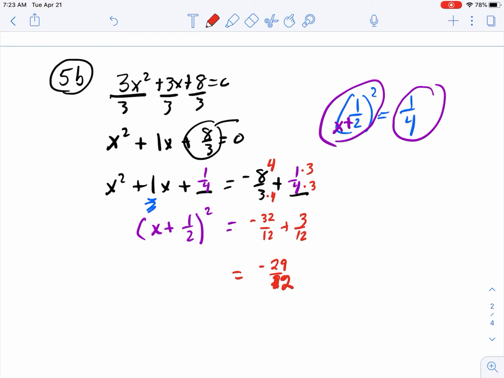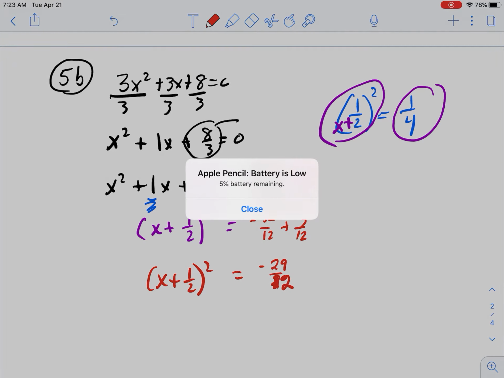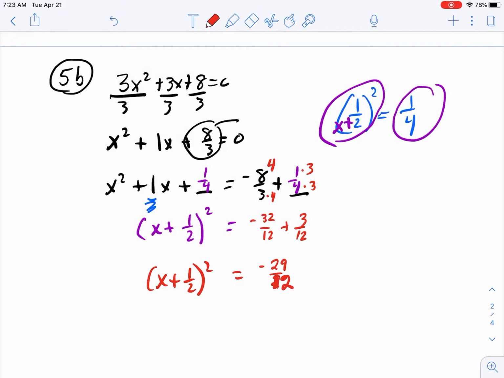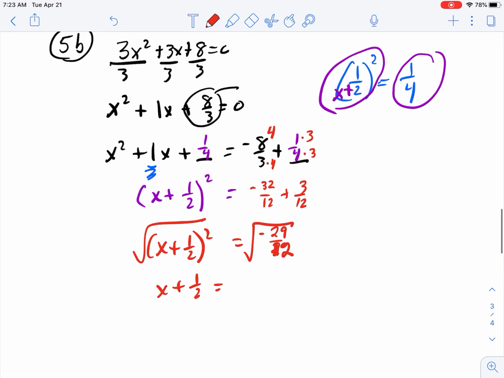Okay, so now we have x plus 1/2 squared equals negative 29/12. Okay, so now take the square root of both sides. So we have x plus 1/2 equals, now simplifying this here, you do have an i.